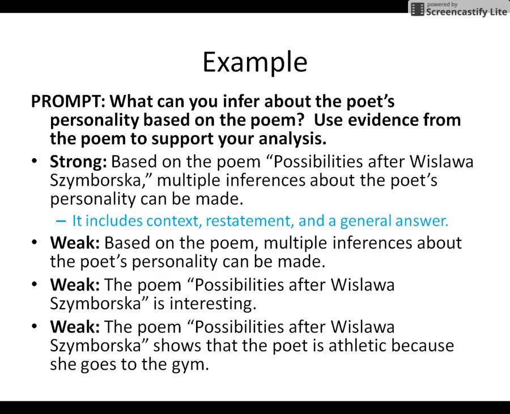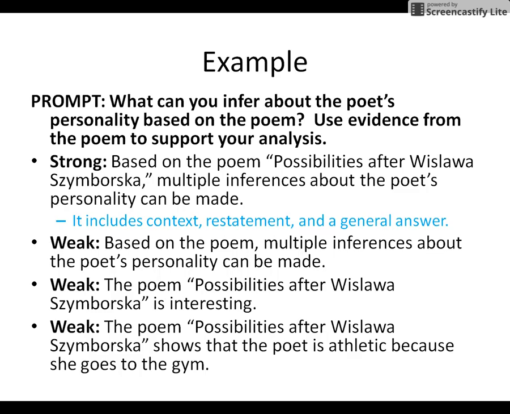The next example is missing context because it doesn't actually state the poem's title. The third example doesn't respond to the prompt. It simply says that the poem is interesting. And the last example is too specific, for it provides a detail and not a brief answer. Try to stay away from using because in the opening statement. Usually details will be revealed right after.